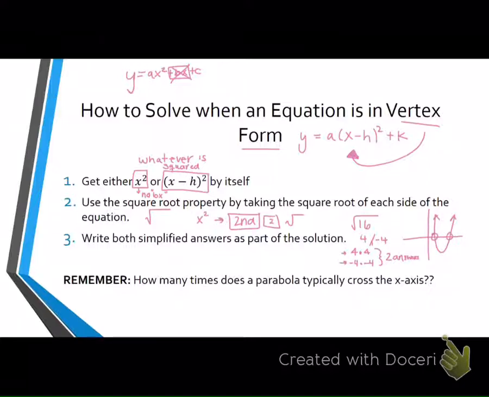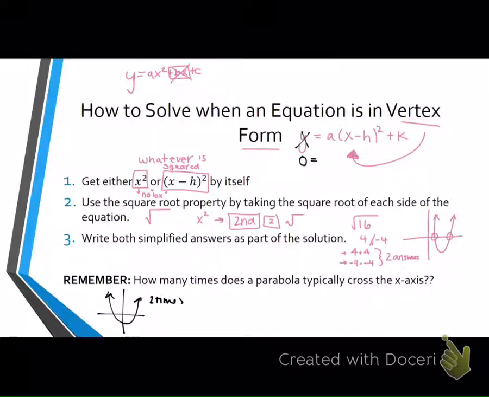Essentially what we are doing today is asking, when does our parabola cross the x-axis? We know that y is 0 when we are crossing the x-axis. Parabolas typically, not always, cross the x-axis twice.